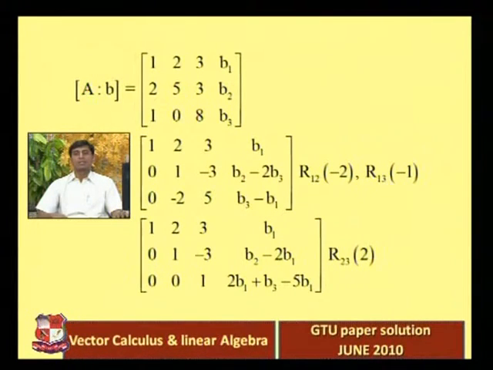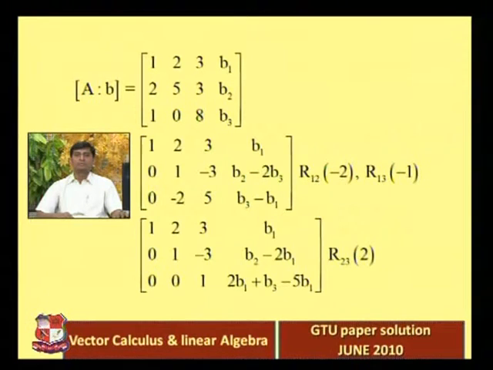Now in the first column we have leading entry 1, and below that leading entry we have 0. In the second row we have leading entry 1, and below that leading entry I want to make 0. So we multiply the second row by 2 and add it to the third row. The first row is as it is, 1 2 3 b1. The second row is 0 1 minus 3 b2 minus 2 b1.